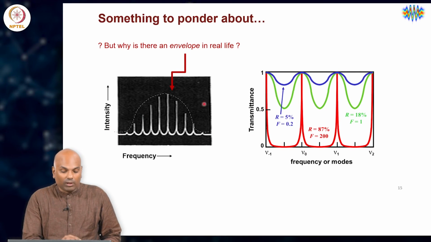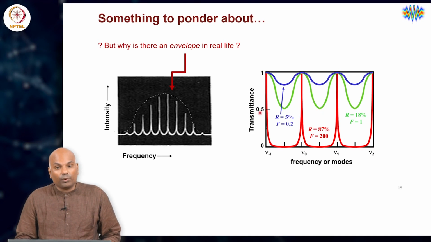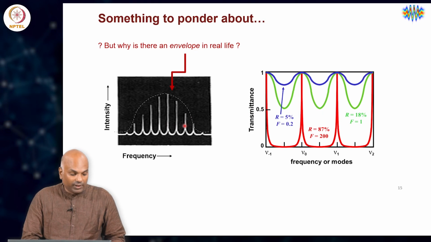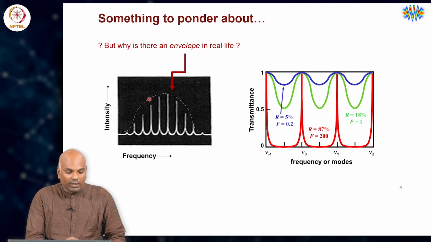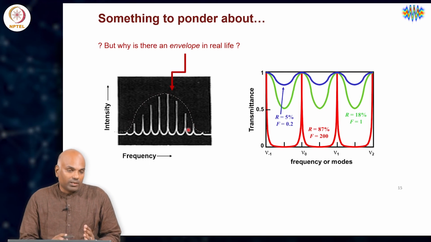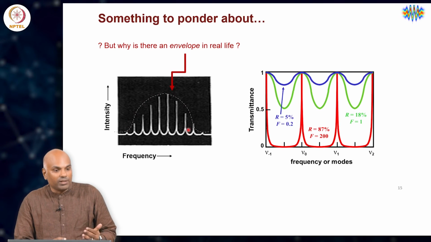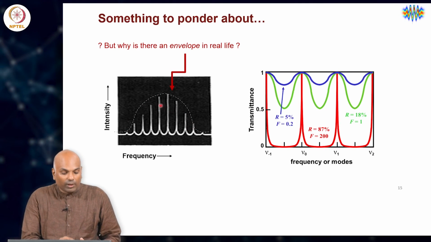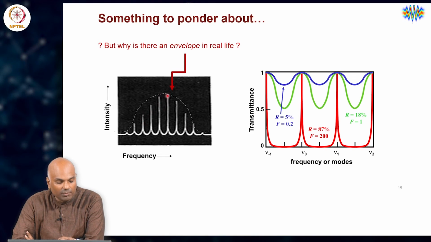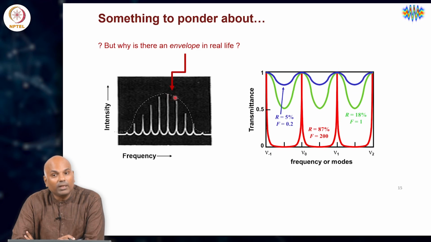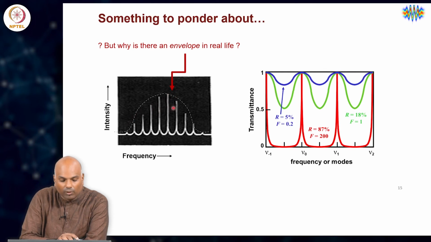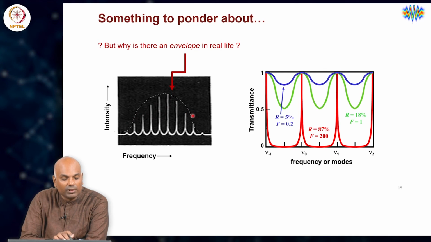But if we now compare ideal life to real life, the right being the ideal and the left being real life in an experiment, you already see that the measured amplitudes from mode to mode can vary quite a bit. But this is real life, and let me give away a bit of the answer for why the envelope occurs. You can figure out in the simplest of terms that something in the cavity may not be identical for all these resonant frequencies.